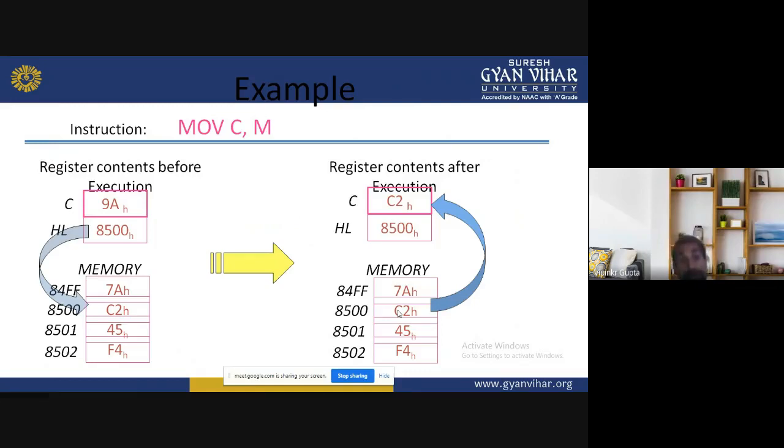And which addressing mode is there? We are not given the address directly, but we can find the address with the help of the HL pair. That's why it is the indirect addressing mode.